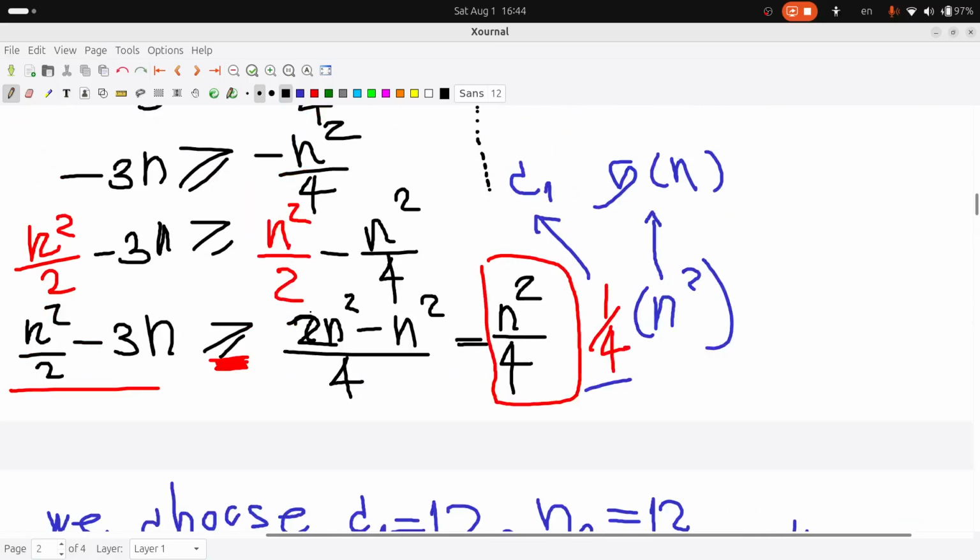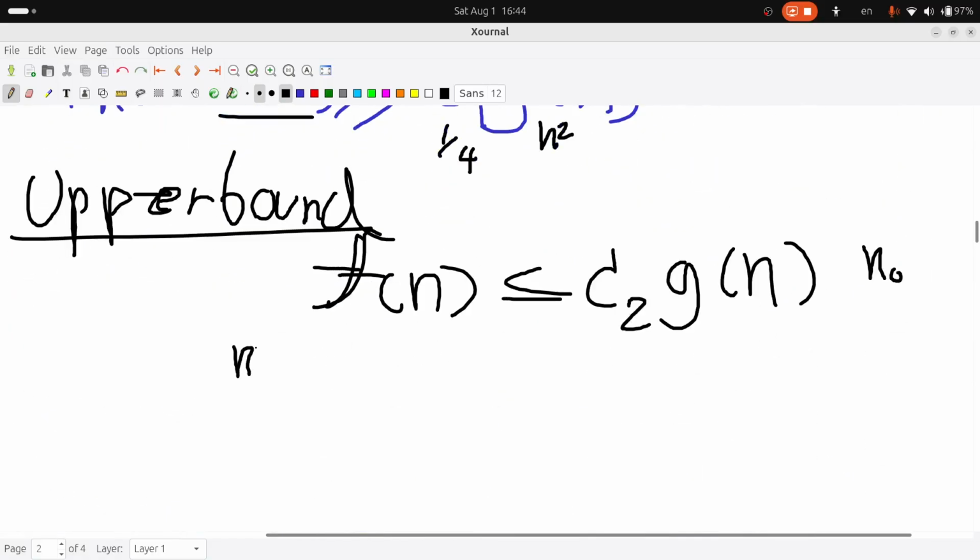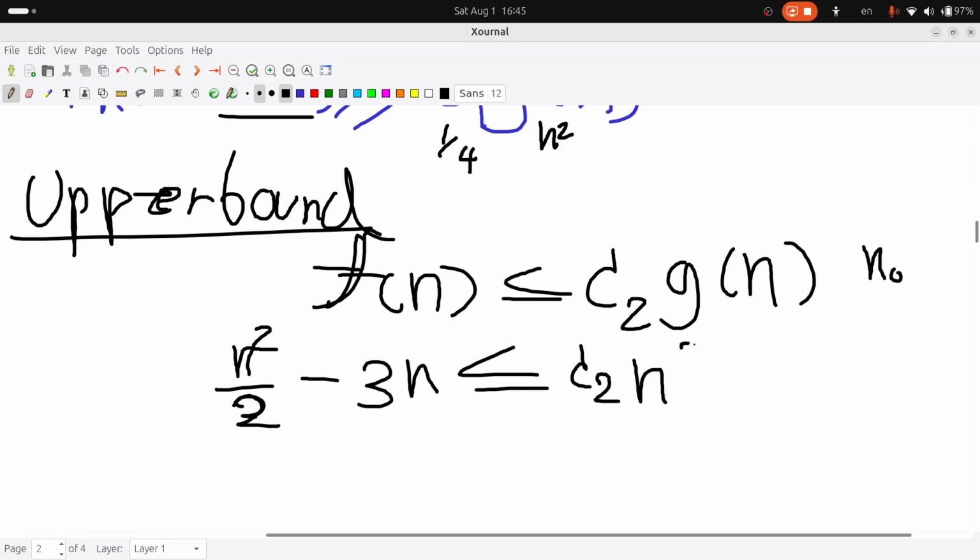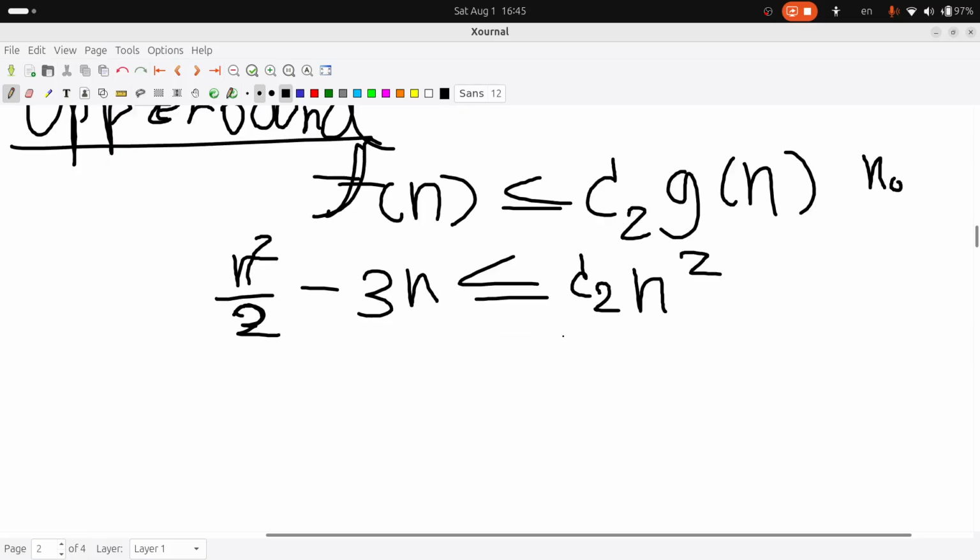So let me first rewrite this as n squared divided by 2 minus Gn less than or equal to C2 n squared. This one will be easy, because you can see that n squared divided by 2 is certainly less than or equal to constant C2 times n squared.